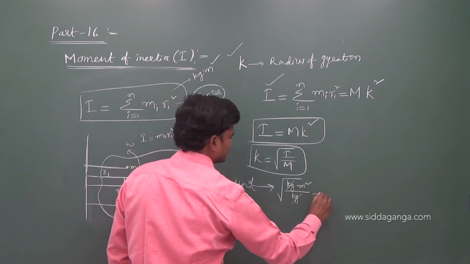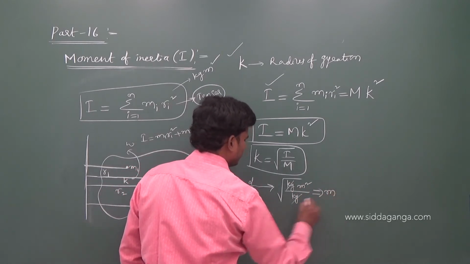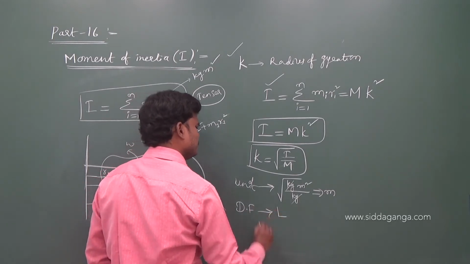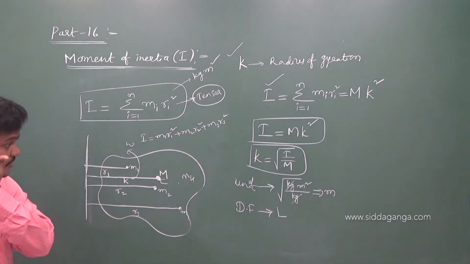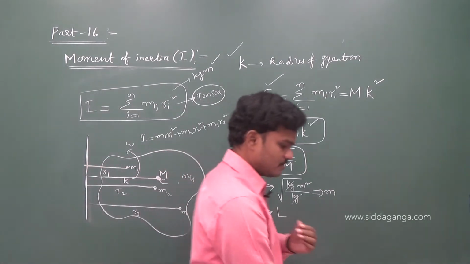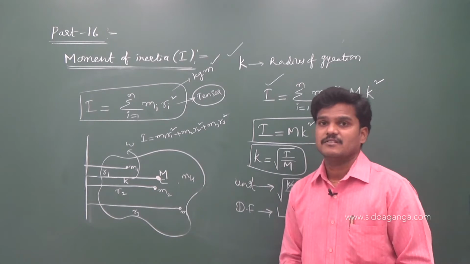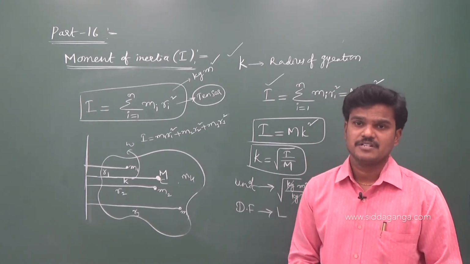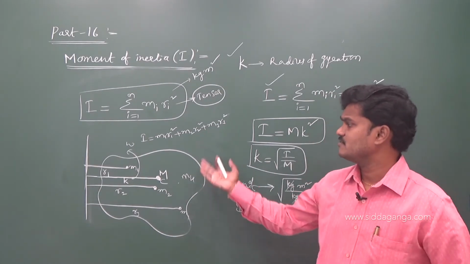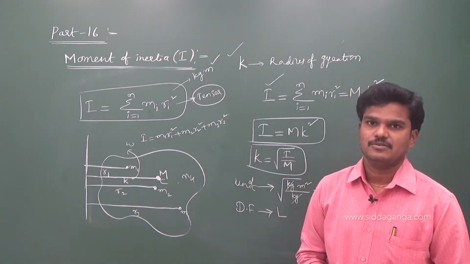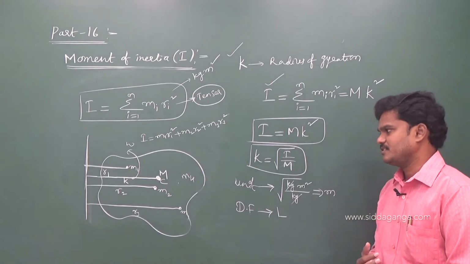Kg meter square by kg gives meter. So the dimensional formula of radius of gyration is L. Radius of gyration is nothing but the perpendicular distance from the axis of rotation to the center of mass of that rigid body.